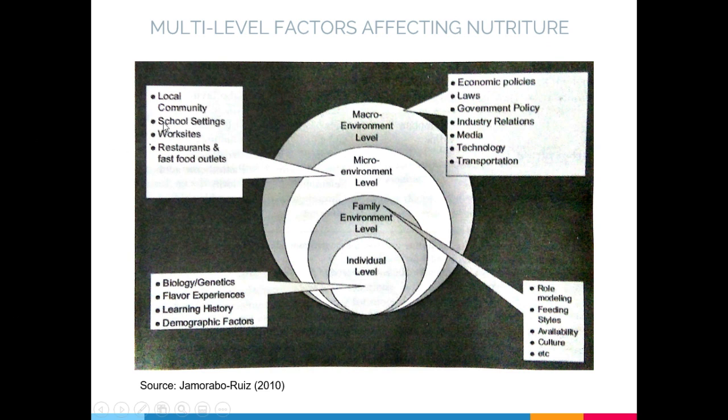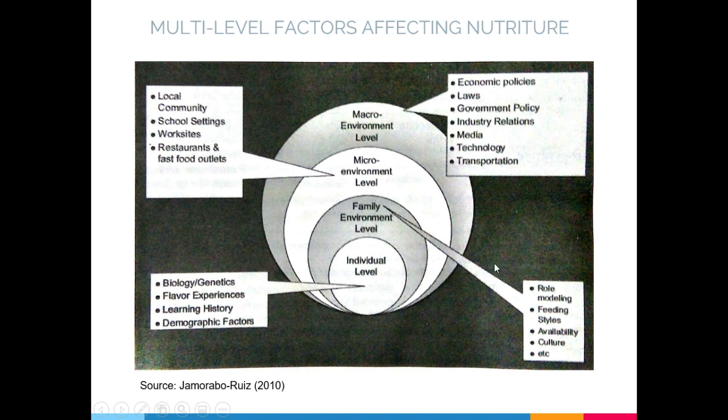Okay, kanang mga conditions sa school like unsay mga gina-offer sa cafeteria, kung accessible ba ang mga fruits and vegetables within the school premises, di ba? Work sites, okay, sa mga workplaces and restaurants and fast food outlets. Labi na kung duol-duol ka sa mga lugar nga daghan og fast food, so maura man na atong available, so mao gyud natong kaunon, so mao nang maka-influence gyud siya sa nutritional status.